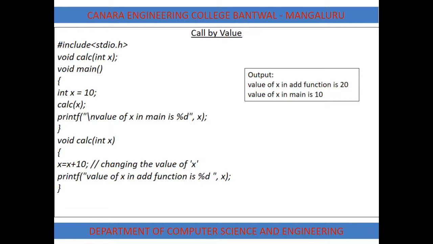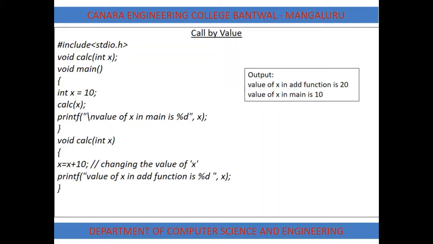It just copies the actual parameter value into the formal parameter, that is x over here. Then x equal to x plus 10. Now the x value is 10 plus 10, so the value of x changes here to 20. Now printf, value of x in calc function is %d, comma x. So now the value of x becomes 20 here.